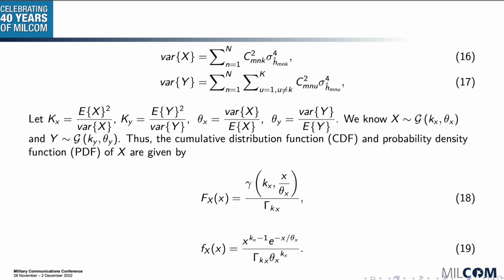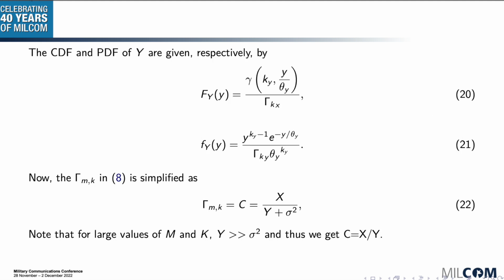And theta_y represents the variance over the expectation of y. We know that x is gamma of k_x, theta_x, and y is gamma of k_y and theta_y. Thus, the cumulative distribution function and probability distribution function of x are given by the 18th and 19th equations, where it is the gamma distribution function. Similarly, the CDF and PDF of y are given respectively by 20 and 21.